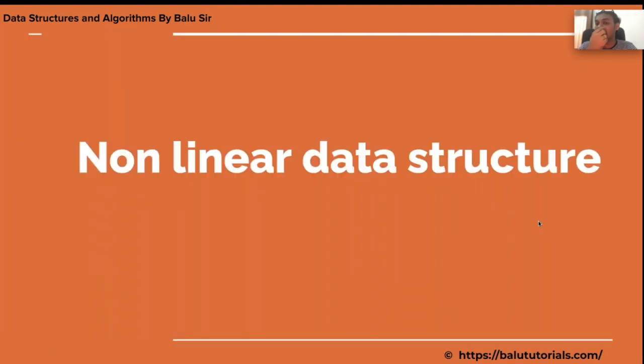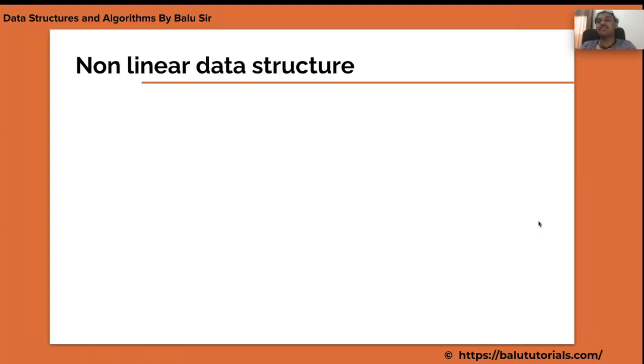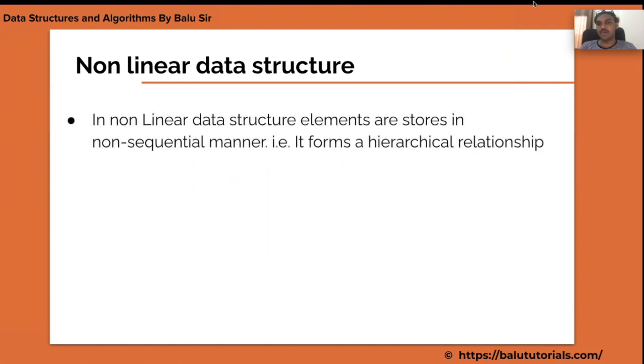Non-linear data structures are represented in a hierarchical form. In a non-linear data structure, elements are stored in a non-sequential manner, that is, they form a hierarchical relationship.